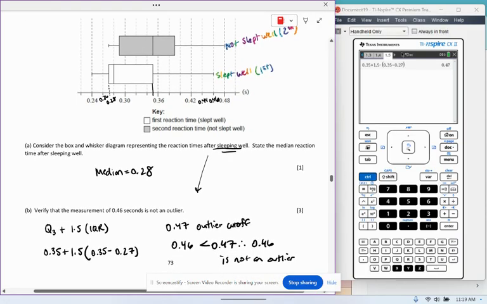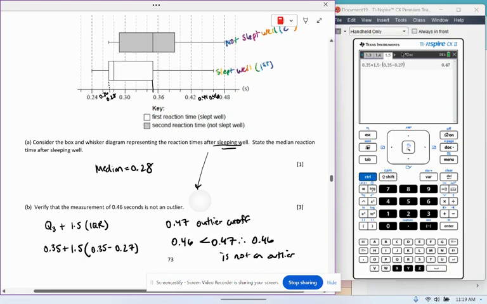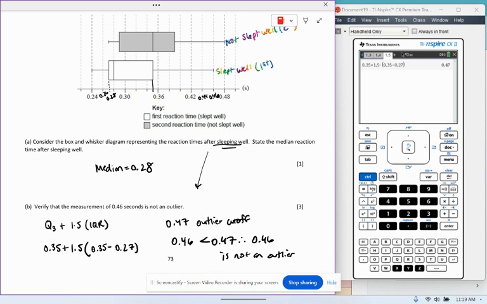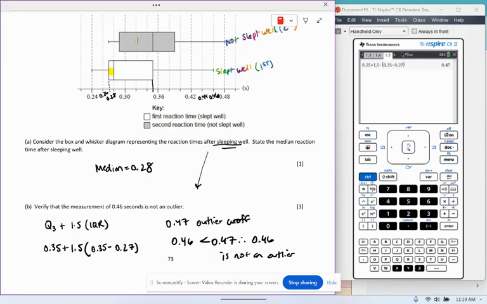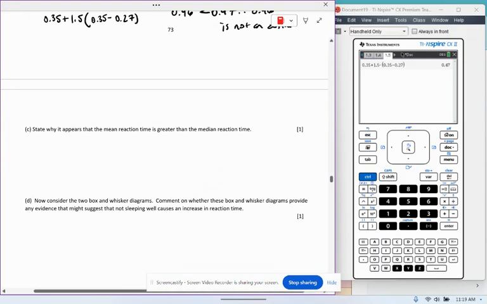On the white one, it looks like the median is closer to the lower quartile and it's positively skewed. Also, the range of reaction times below the median is smaller than the range above the median, so this is smaller in size than, say, this.